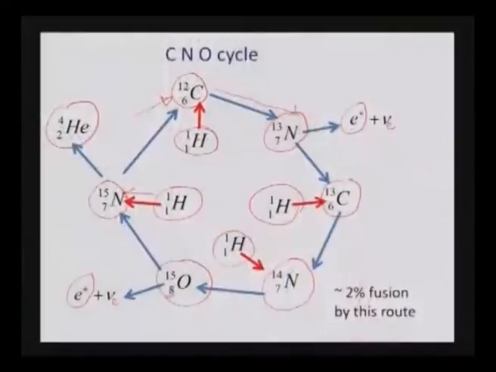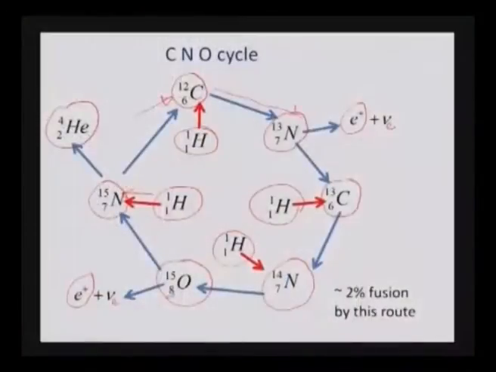Essentially, when I combine all these things, once again the total net result is that 4 protons are being consumed. You can see the red arrows here, one proton going here, then one here, then one here and one here. So, 1, 2, 3 and 4.